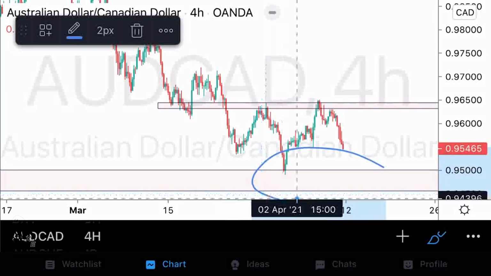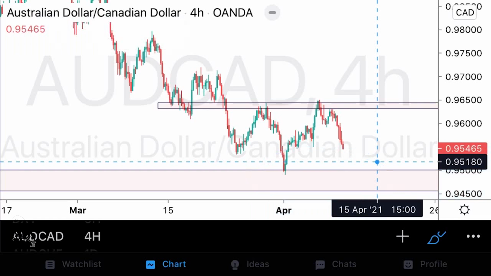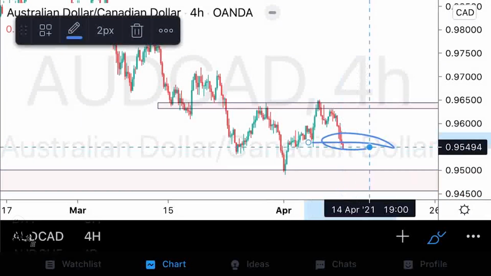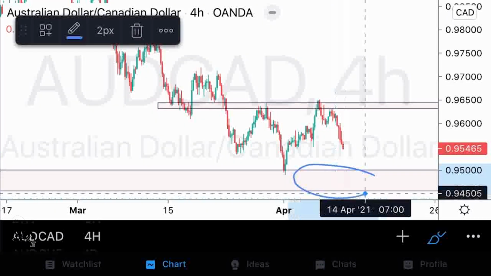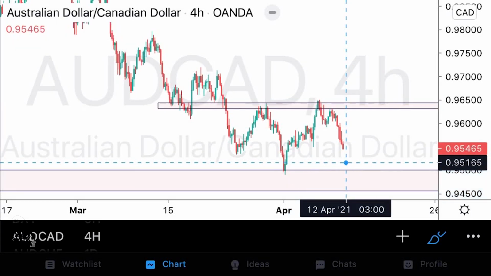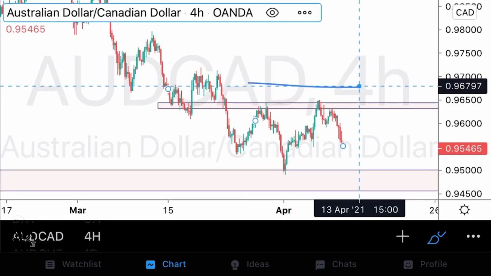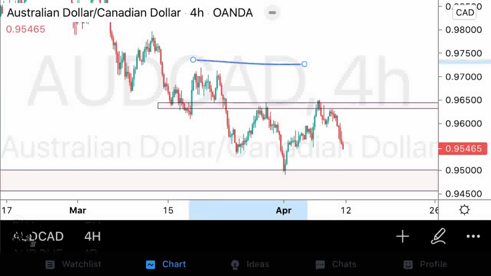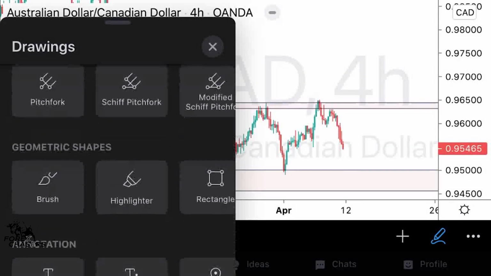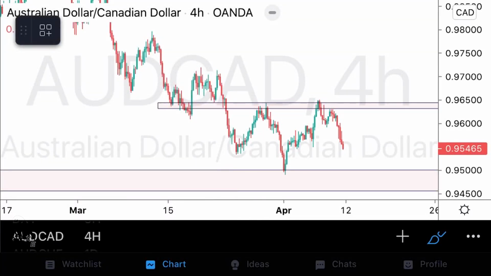We are at a weekly resistance, and if I do sell this market from these areas here, I would have to manage my position by the time we get to those areas there. Otherwise, there's a lot of sell side liquidity that rests above these swing highs that could potentially be taken out. So there is some upside here on Aussie CAD, and that's where I would like to align myself.